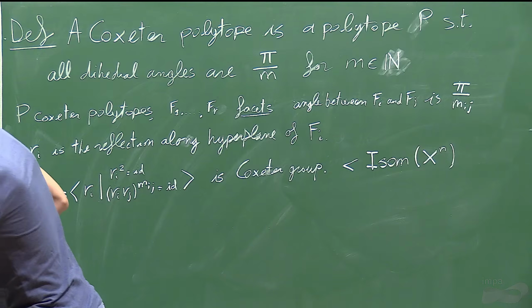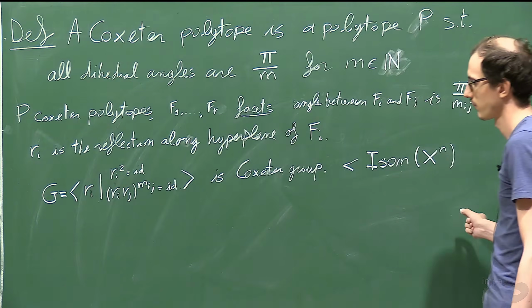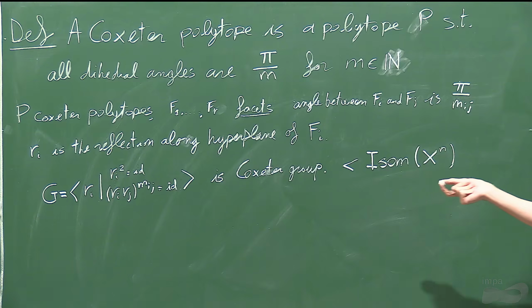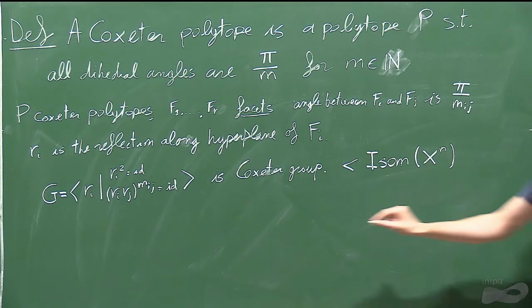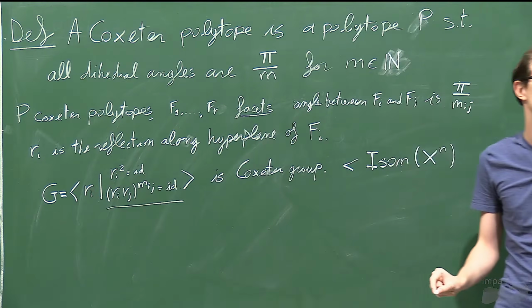But in principle it could be something else. Why is it injected? Because the reflections are isometries, so it's mapped to isometries, but why is there no kernel? Okay, because I'm claiming that these relations are the kernel, if you want.